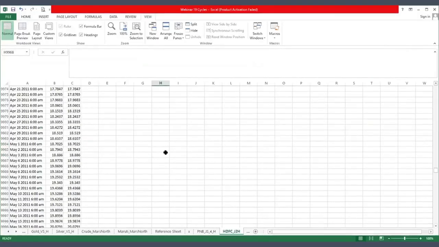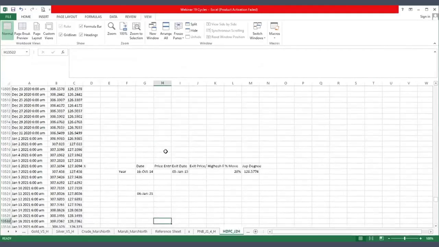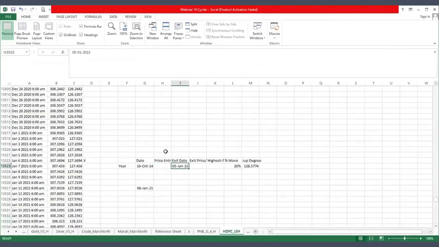So what I did here is that the movement was 20%, and we already saw that 16th October was this degree of Jupiter, 128. Now we are subtracting 6 years. We will try to see in 2008 what happened with this cycle.